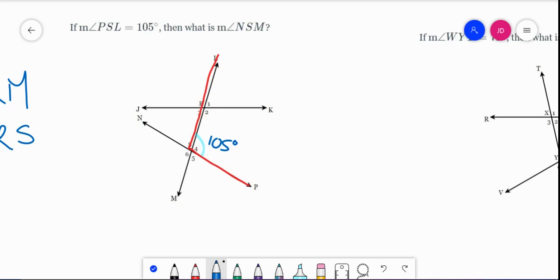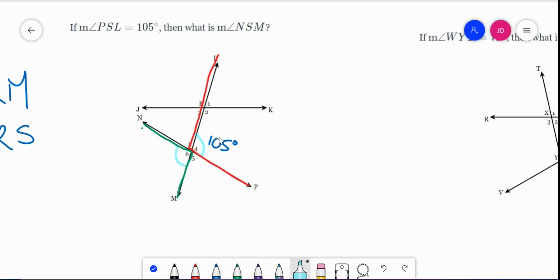What is NSM? NSM is right there. It is a vertical angle with this, right? So that is angle 6.